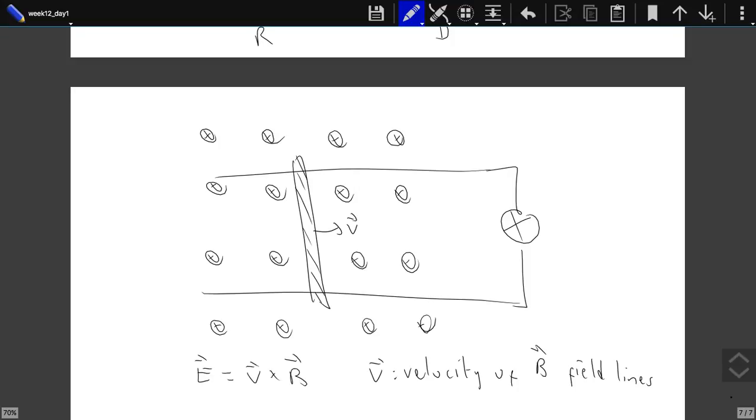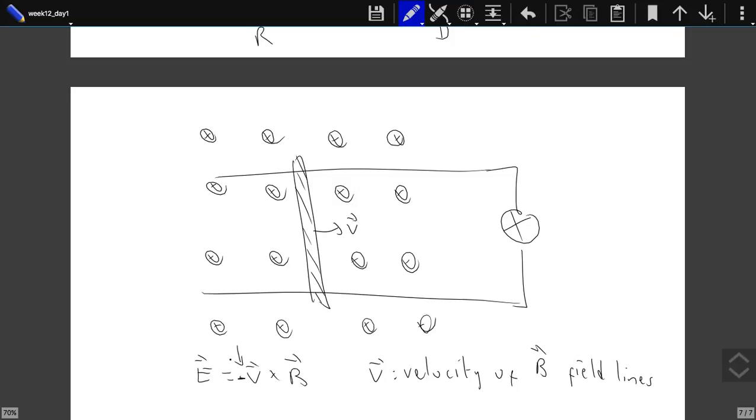Well, in the reference frame in which the B field lines are at rest, the current will be pushed upward in the rod. So in the other reference frame in which the current is at rest, the electric field should be pointing upward. V is towards the left, so V cross B is downward. So E field should be minus.